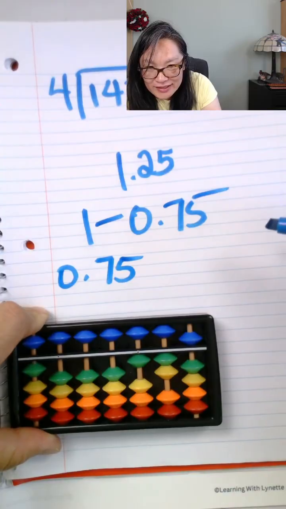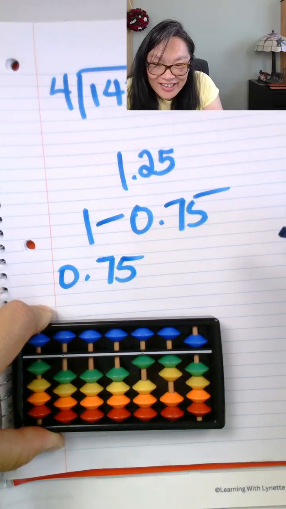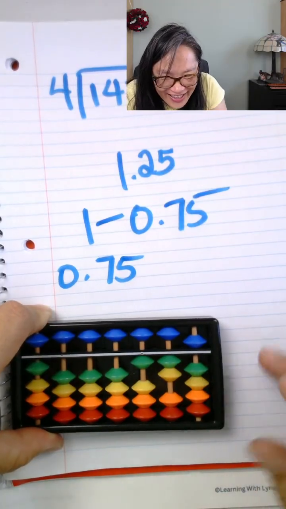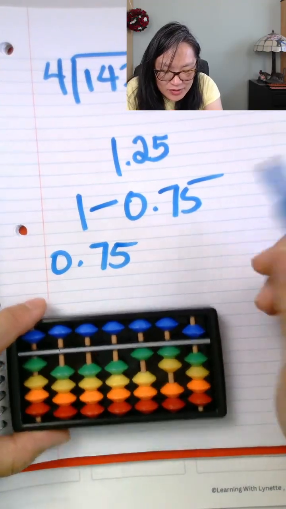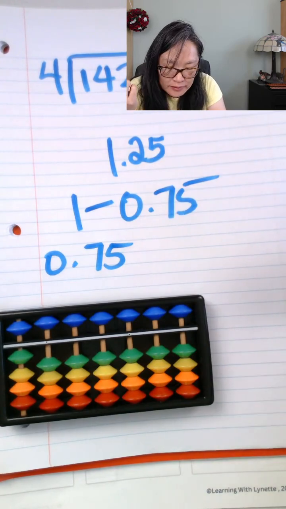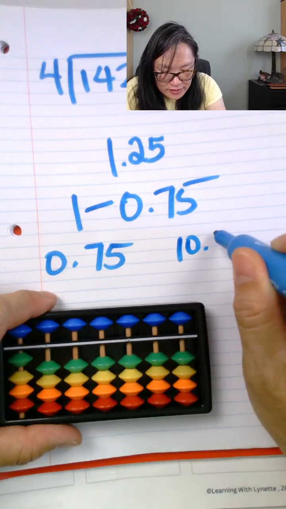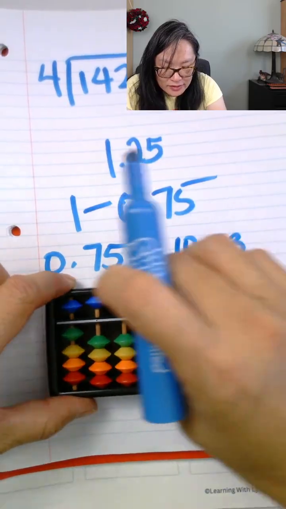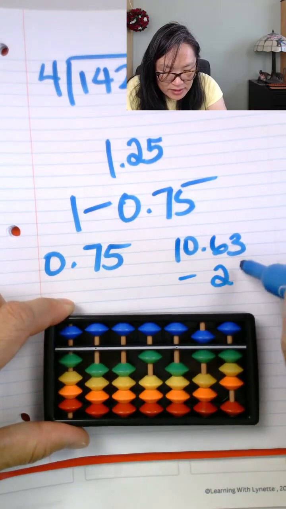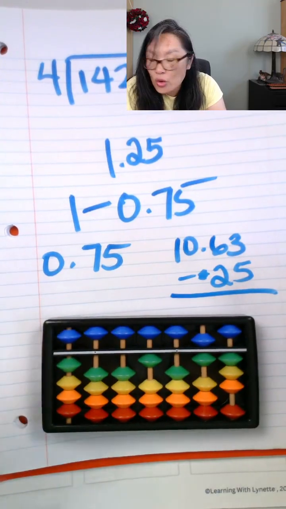That's what it'd be. That's how you get the decimals. Did that make sense? It's exactly the same as we were doing. It'd be exactly the same if we were doing money, right? If we had $10.63, and we take away 25. But now we're going to do no negative numbers. No, we don't do negative numbers.